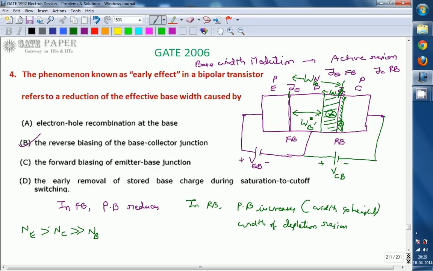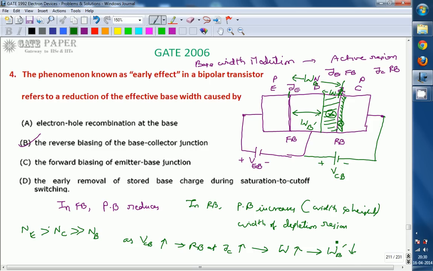As VCB increases, the reverse bias at JC increases. As the collector base junction gets more reverse biased, the depletion region widens and penetrates more into the base side, so the effective base width where the mobile charge carriers are present is reduced.